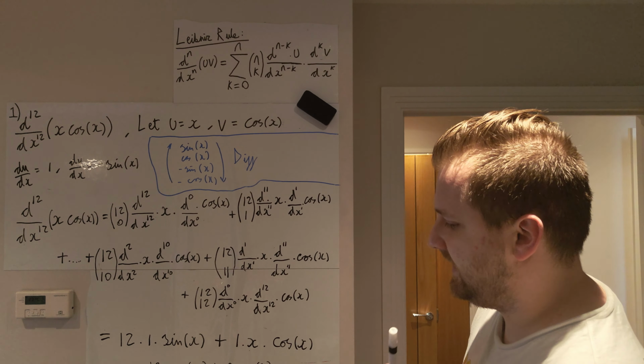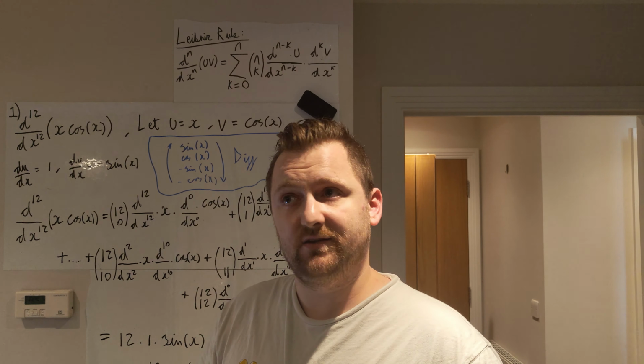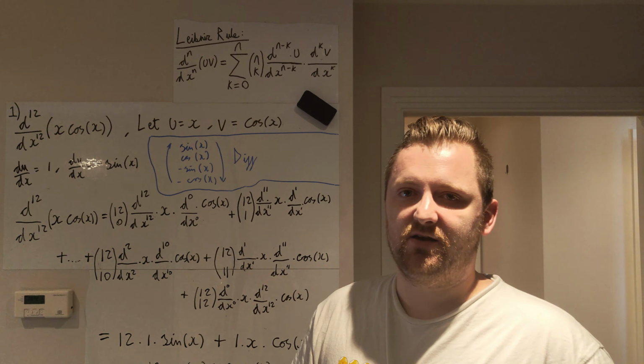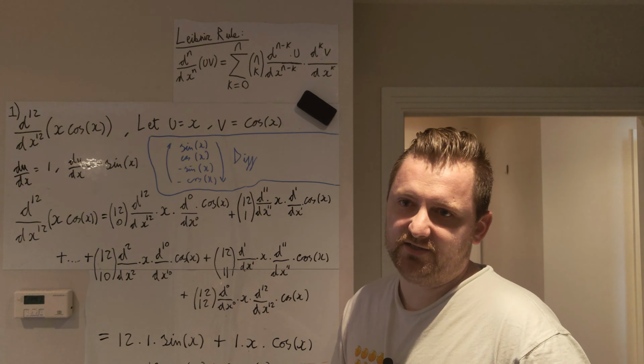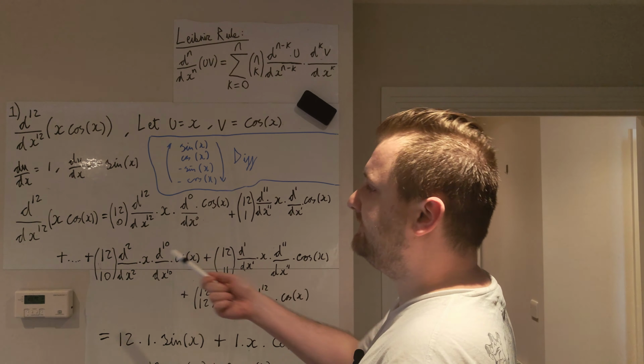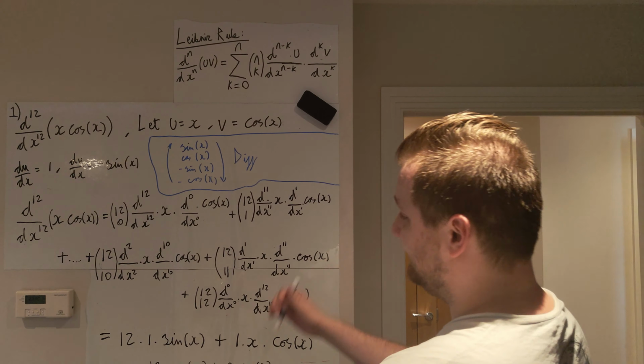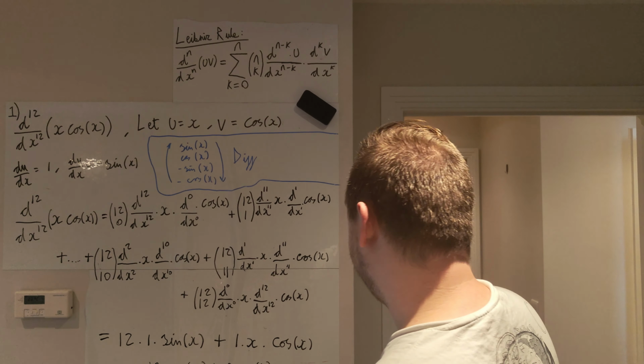So if you differentiate x, you get 1, and if you differentiate 1, you get nothing. So like normal differentiation, if you do it twice, it just disappears, which means all these terms at the start are pointless. They're going to disappear.